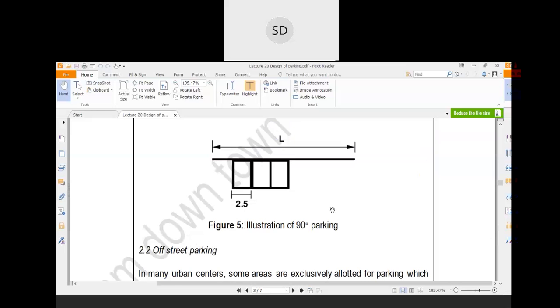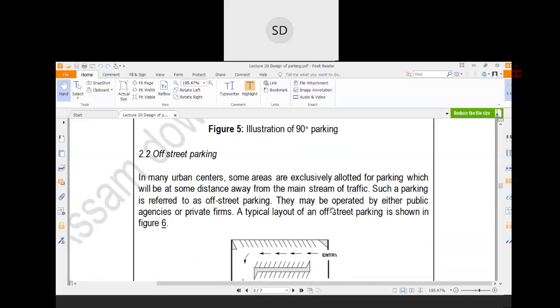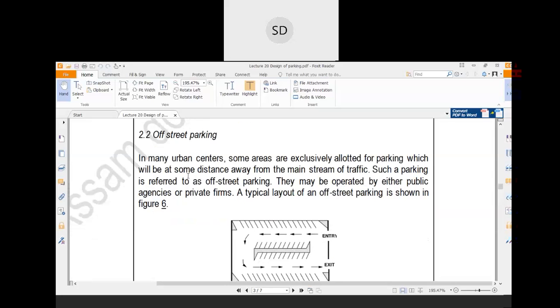Now another type of parking is off-street parking. For off-street parking, generally different parking lots are prepared, like the parking lots in some flats, or, suppose in a mall, there is underground parking space. These types of parking are called off-street parking. In many urban centers, some areas are exclusively allotted for parking, at some distance away from the main stream of traffic.